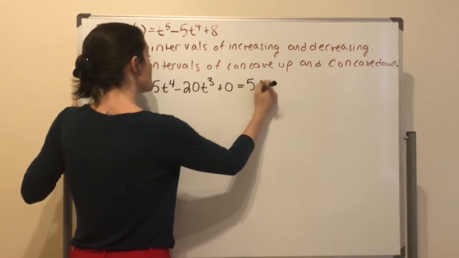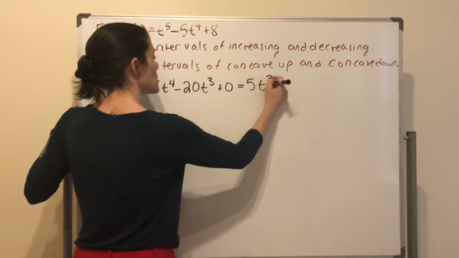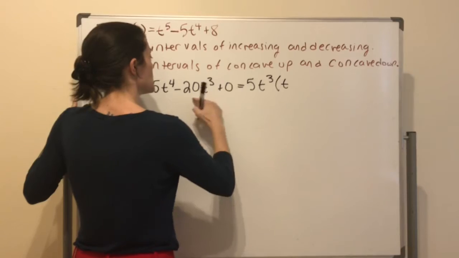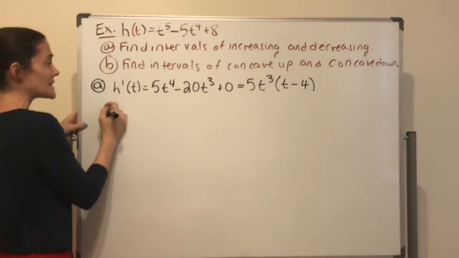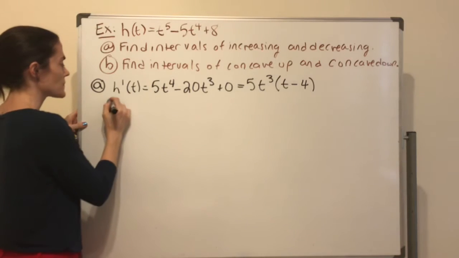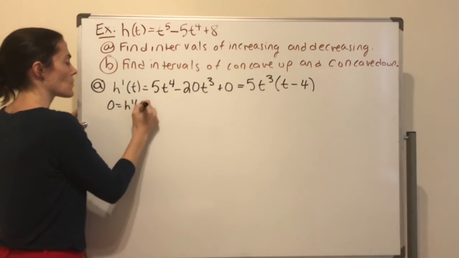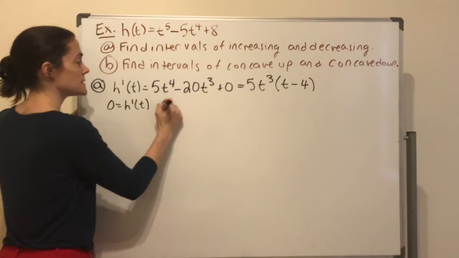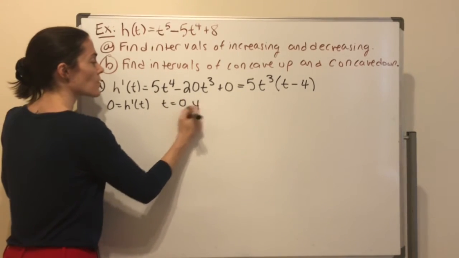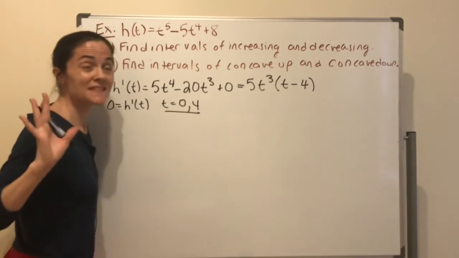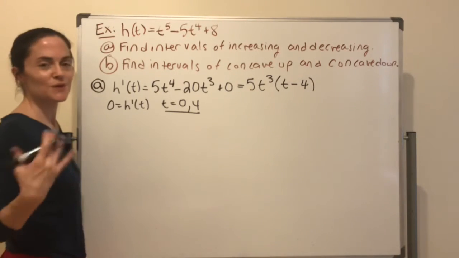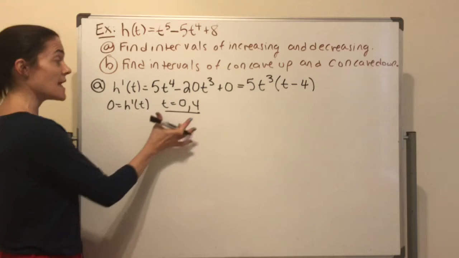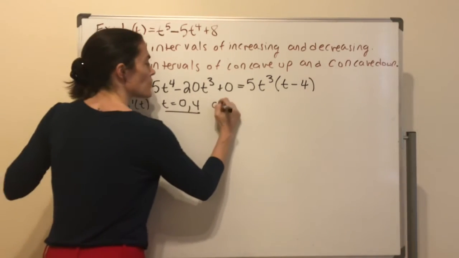I can factor out a 5t cubed, and I get t minus 4. So when I set this to 0, I get t equals 0 and 4. And of course, this derivative is defined on the whole real line, so we never have a place where the derivative does not exist. These are my only 2 critical points.